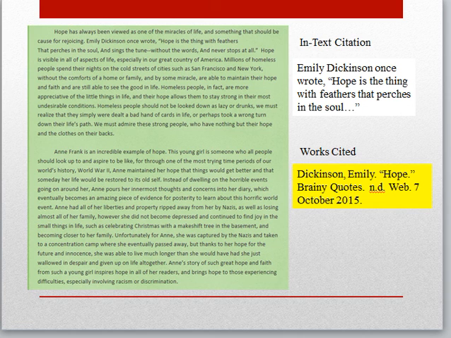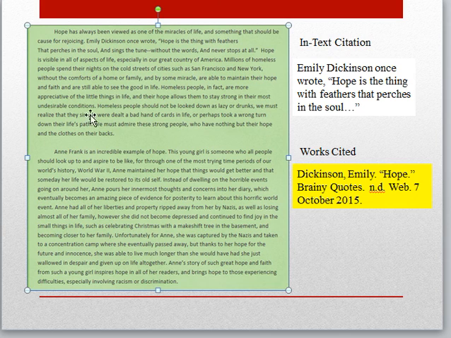So here's an example from an excerpt from a definition essay on hope. Here, notice the way that a quote by Emily Dickinson is used in the text of the paper. So here you can say, if you read this essay carefully, you would see that up here she quotes Emily Dickinson by saying, Emily Dickinson once wrote, "Hope is the thing with feathers that perches in the soul and sings the tune without the words."